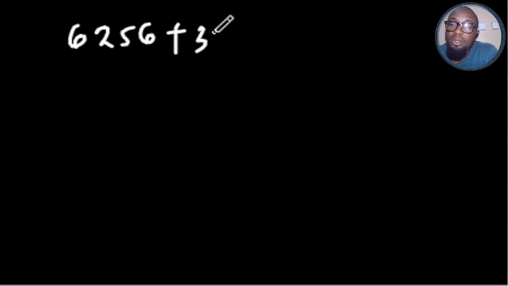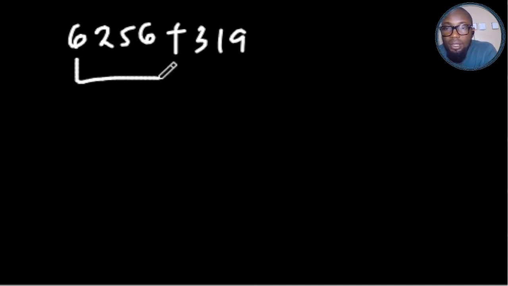Larger numbers, like take for instance, you have 6,256 plus maybe 3,000 or let's say 319. Okay, it's easy for me to look at this and say 6,000. Okay, 6,000 plus here, I'm done.